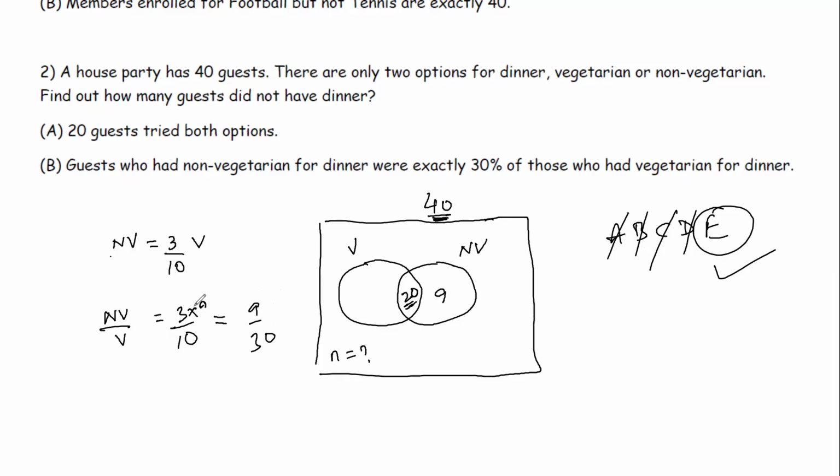So if I take 3 and 3, that will give me 30, so 10 out here, but 9 out here, so that's not making sense, right? Guests who had non-vegetarian for dinner were exactly 30% of those who had vegetarian for dinner. So if the entire vegetarian is 30, then the entire thing out here is, it's not making sense.